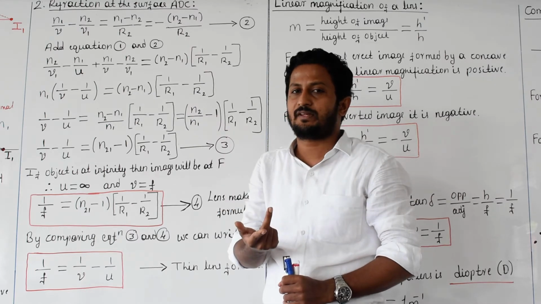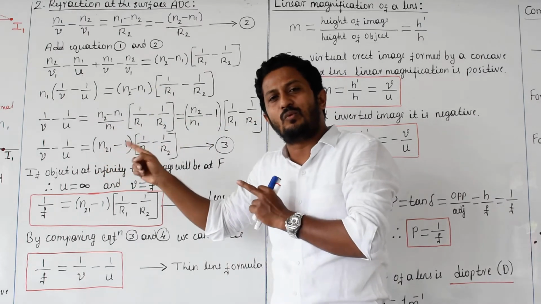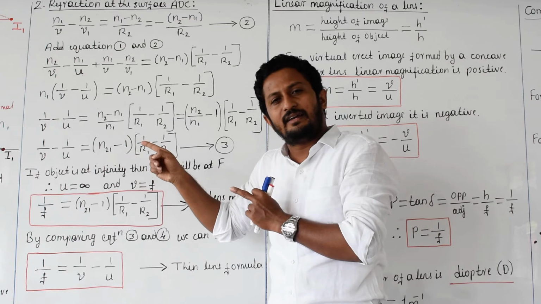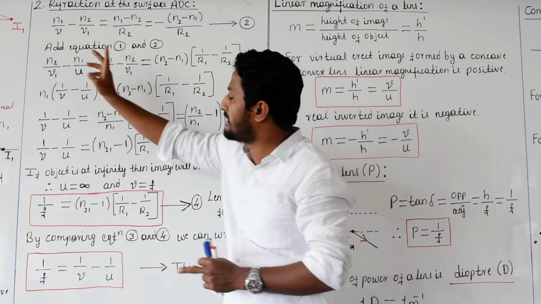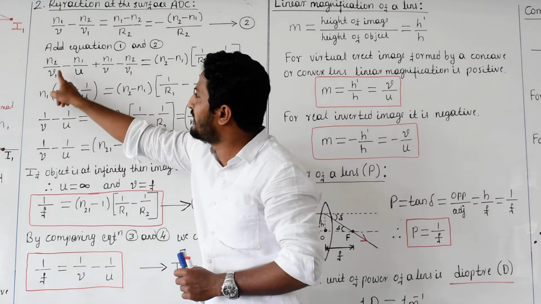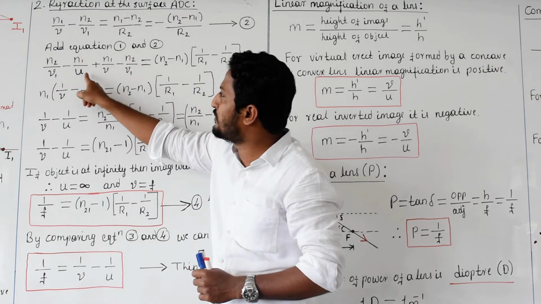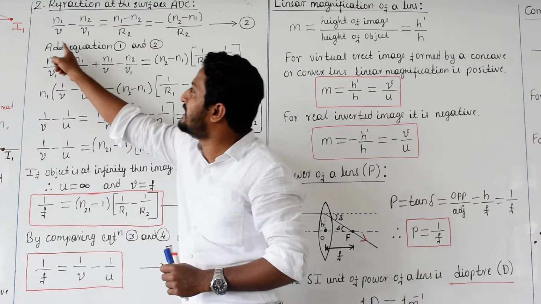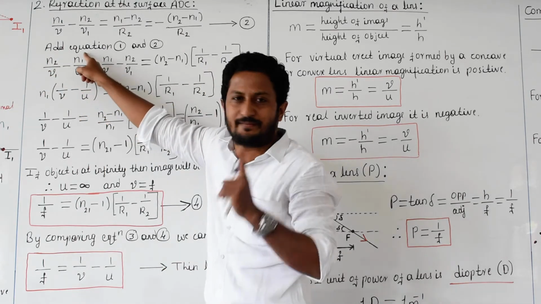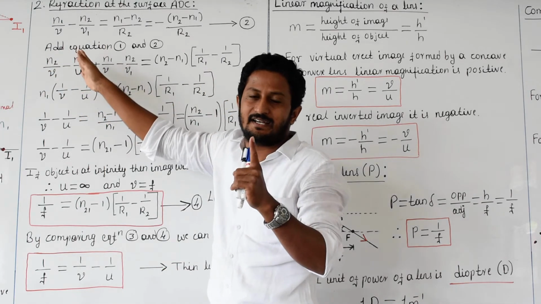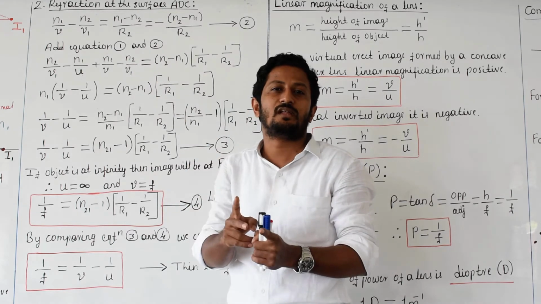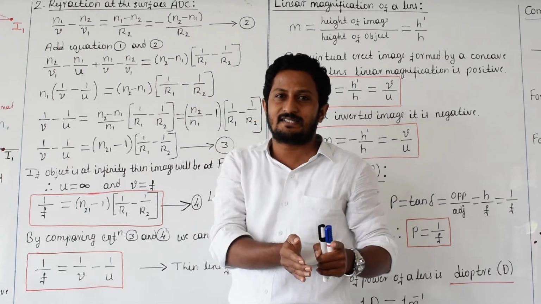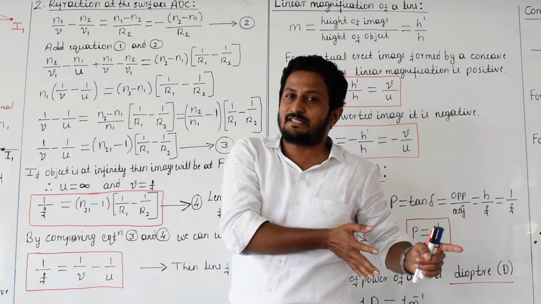Equation 1 on the LHS is n2 by v1 minus n1 by u. Add both equations 1 and 2, adding their LHS and their RHS sides.